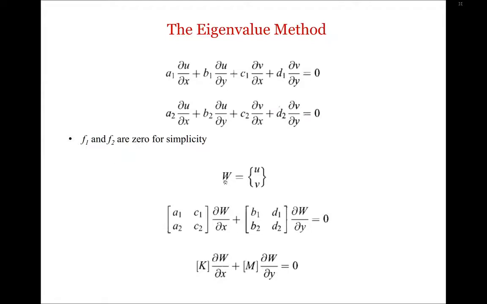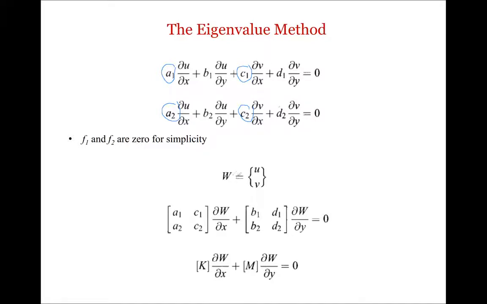Now a new vector, W equals U and V. So first the matrix A1, C1, A2, C2 multiplies du by dx, du by dx, dv by dx.